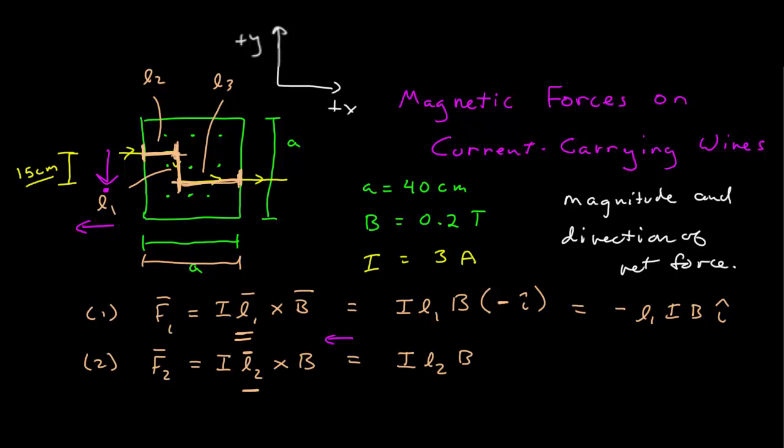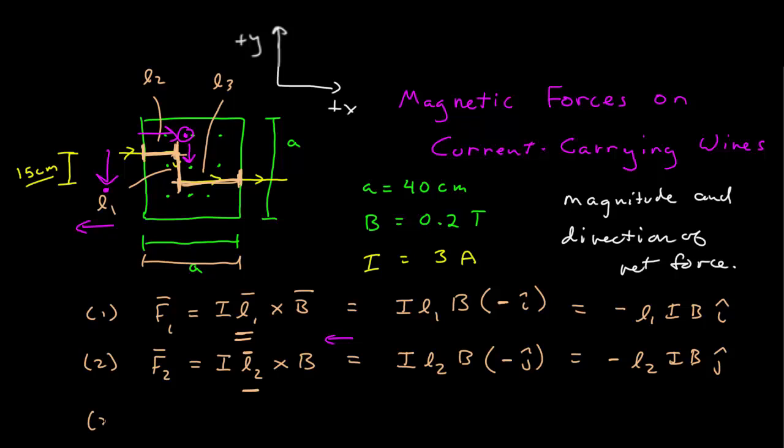Here, the first vector is going to the right, and then if I flip my hand out of the page, I get my thumb pointing down. And so the resulting direction is negative j hat, so the force on this component is negative L2 I B j hat.